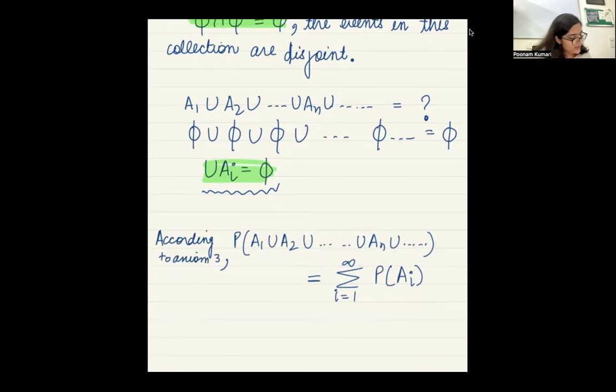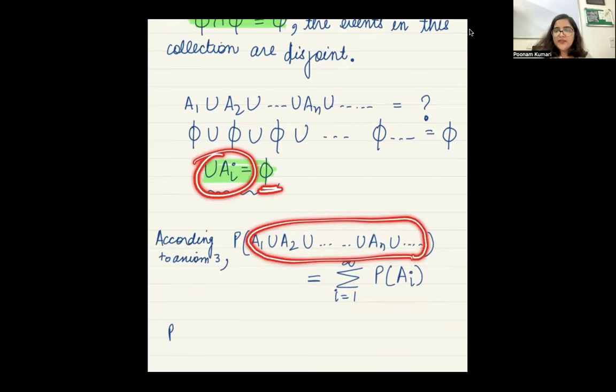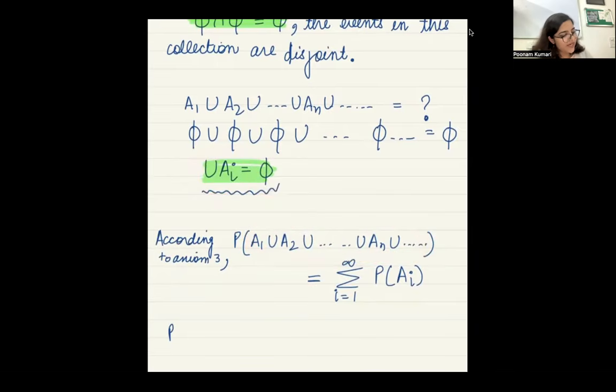So what is the probability of this union? What is this union that I have here? This union is phi, right? So on the left-hand side, it is the probability of phi. And on the right-hand side, what do I have? The summation, i going from 1 to infinity, of the probability of Ai.